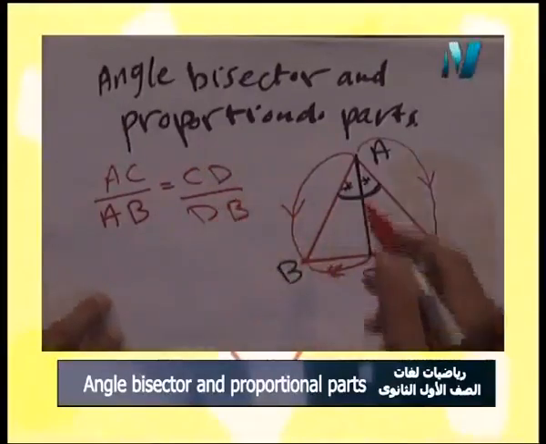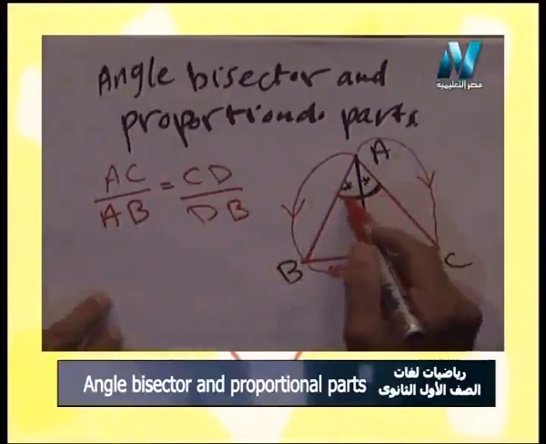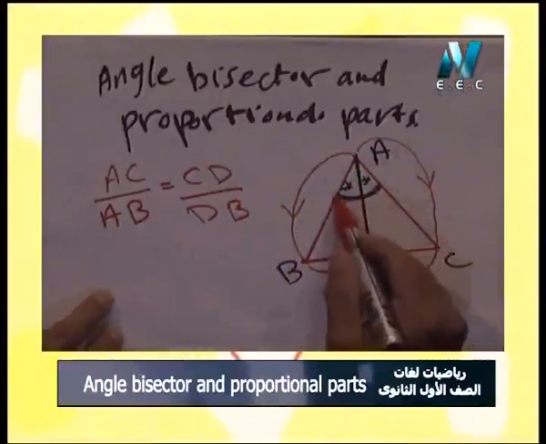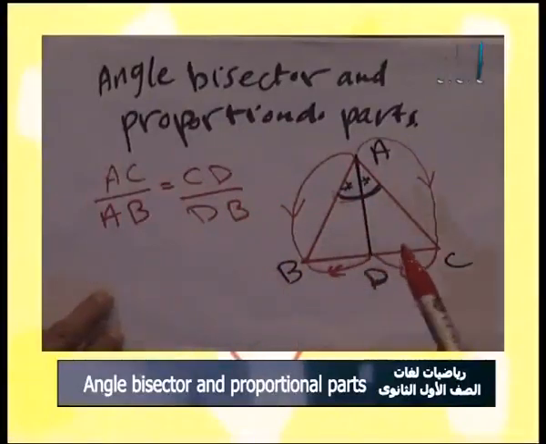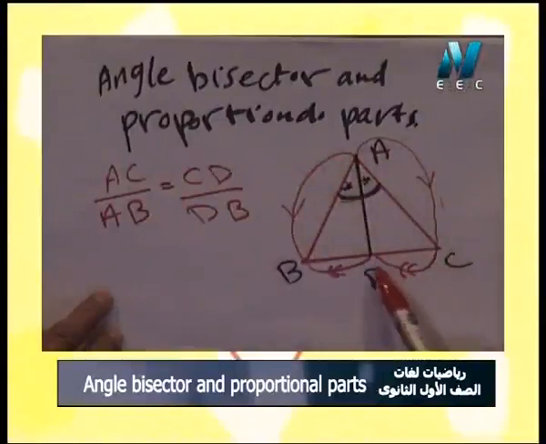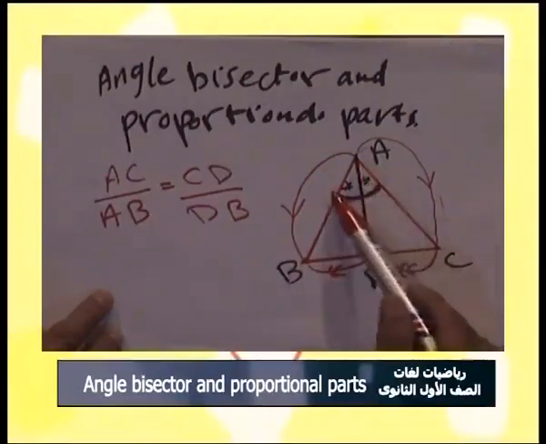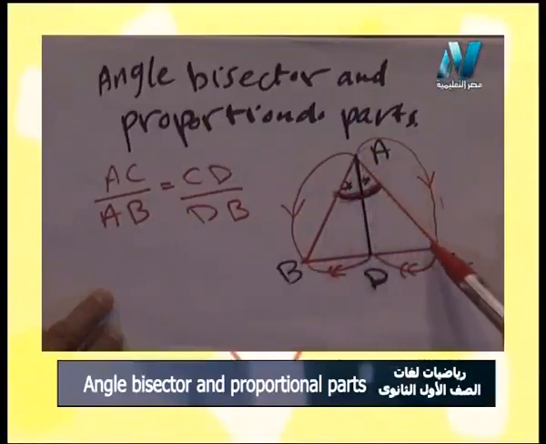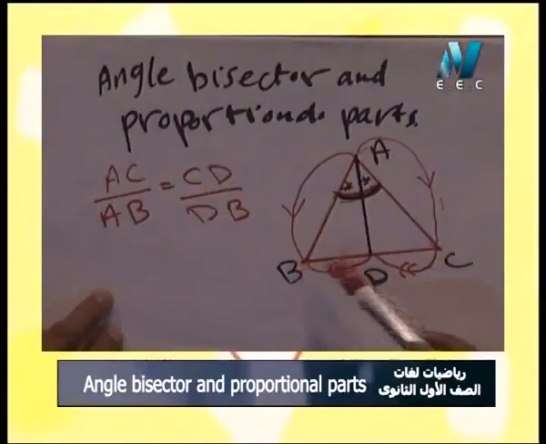So if we have a triangle, and any angle here, and we have a bisector from inside of the angle, then concentrate well and pay attention. We have here the ratio AC over AB equals CD over DB. We will start from A because it's the same angle that we bisect. So from the right side, AC over AB, and go again to C to say CD over DB.